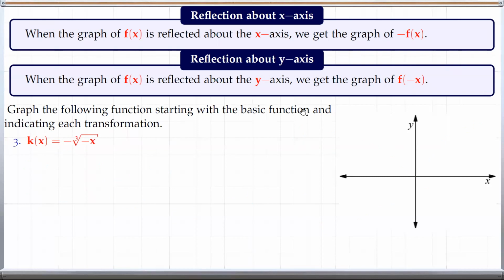Here is another example. So again, the basic function here is cubic root of x. And now let's identify the transformations involved.